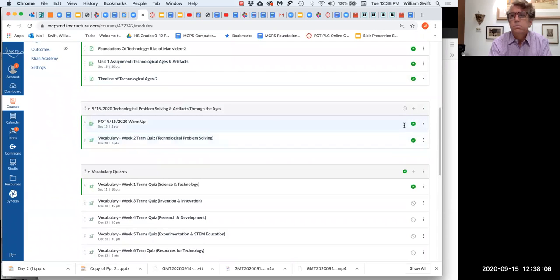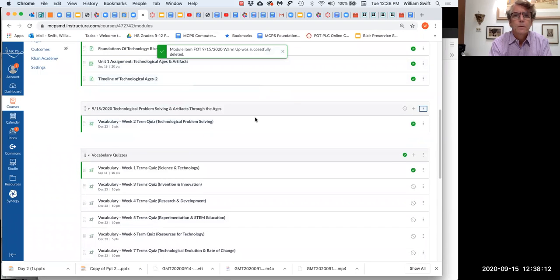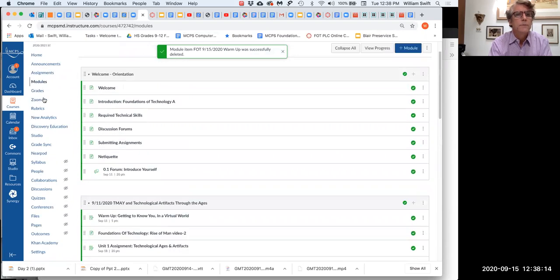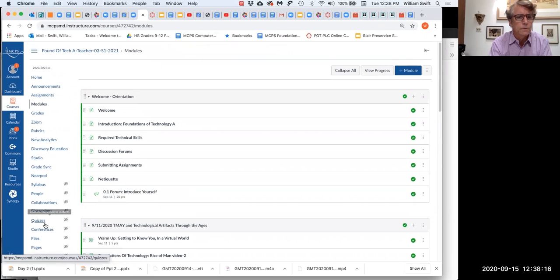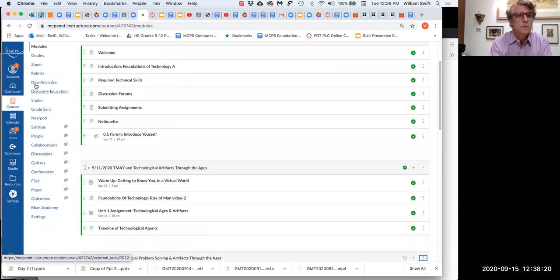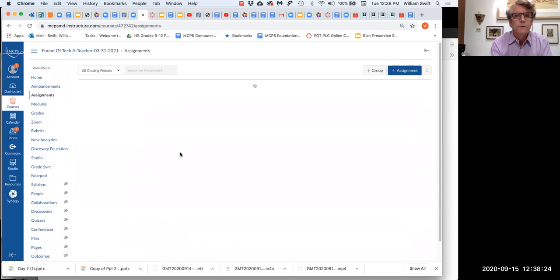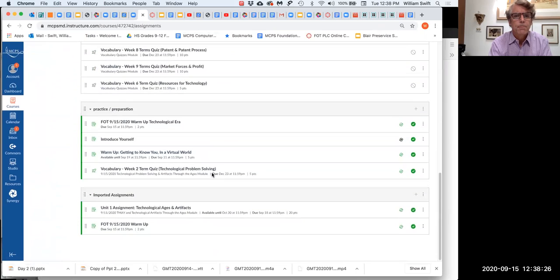So let's remove that. And then we will give you a window into my world of how we do these things. I need assignments. Come on, assignments. Why do they move around for every single page?